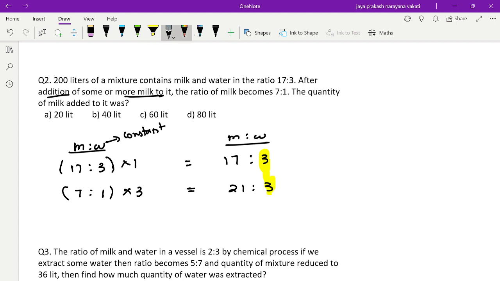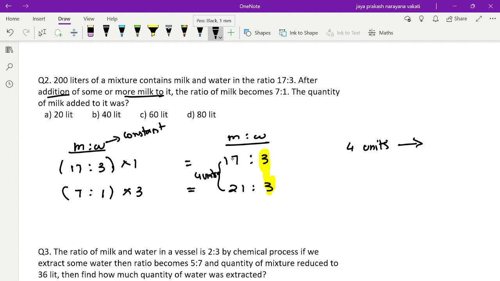So as we know that only milk has been added, here in the ratio milk added is how many parts? 4 units. Correct. So 4 units is added according to the ratio. So we need to calculate this 4 units.